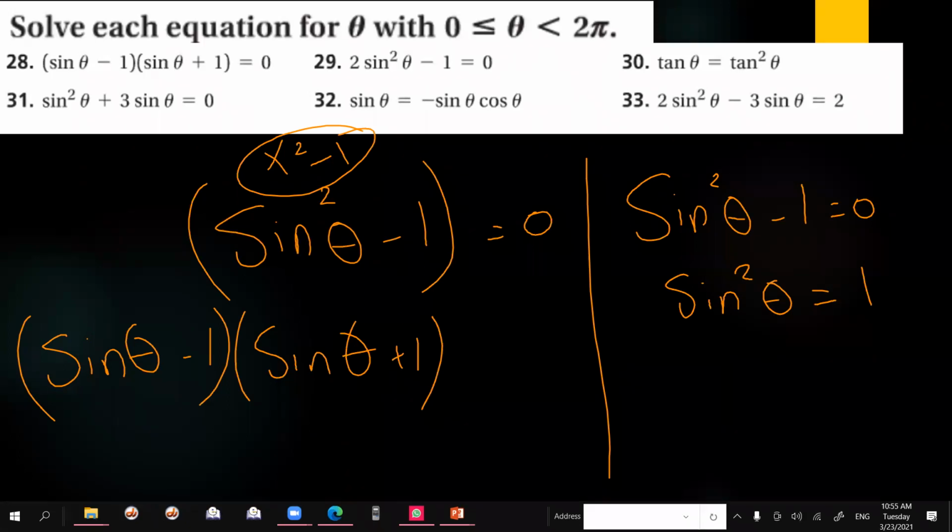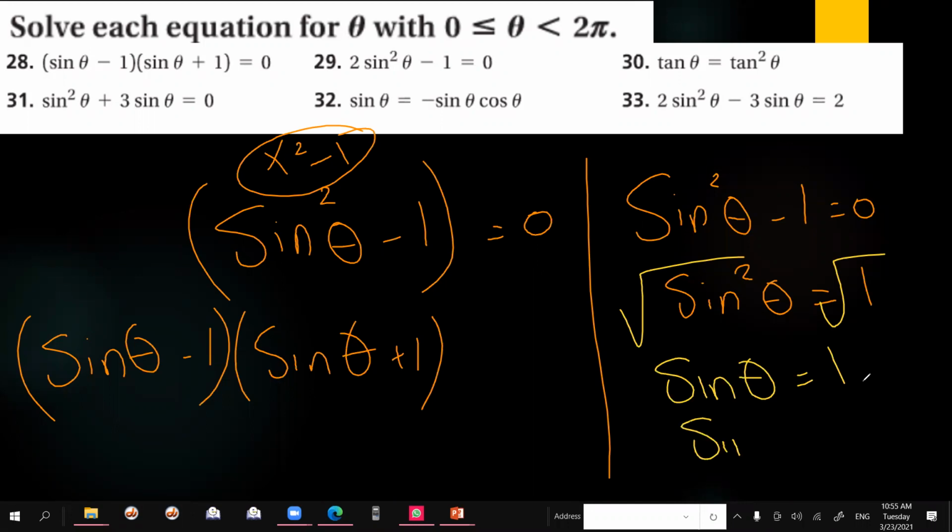Then, take the square root, and remember, when you have the square root of a variable squared, the square root of x squared, it could be positive or negative x. So the square root of sine squared theta equals 1, so sine of theta could be 1 and it could be negative 1.